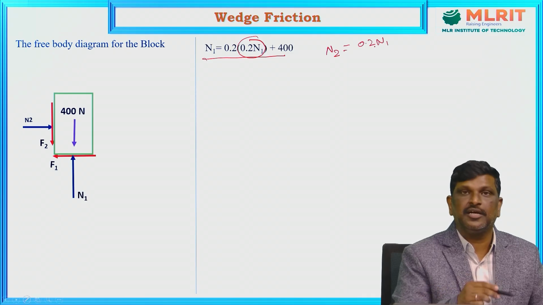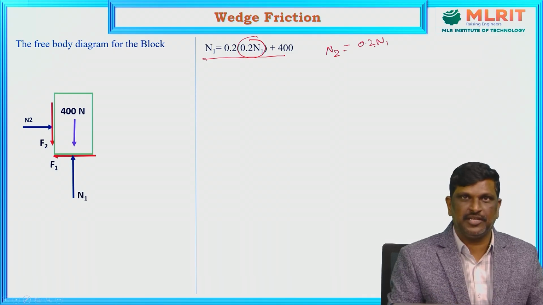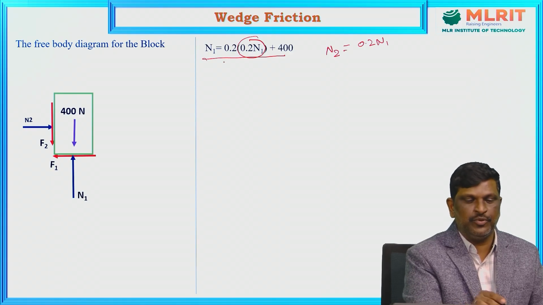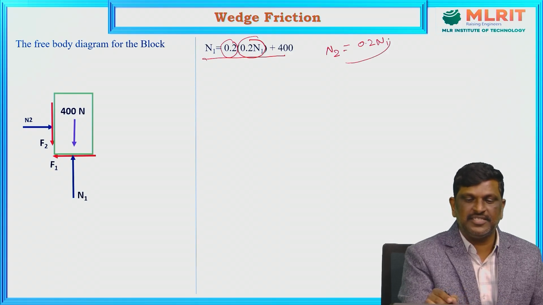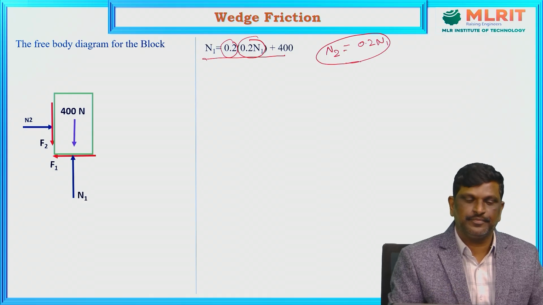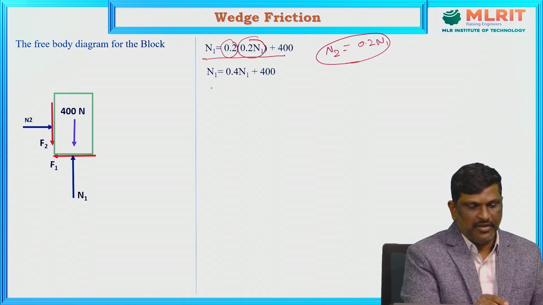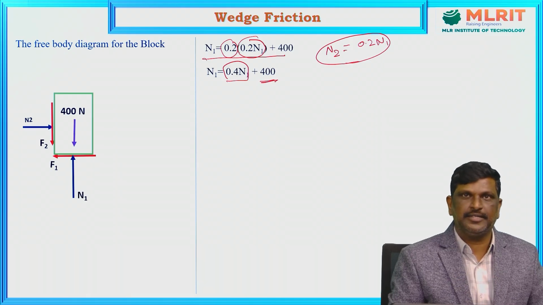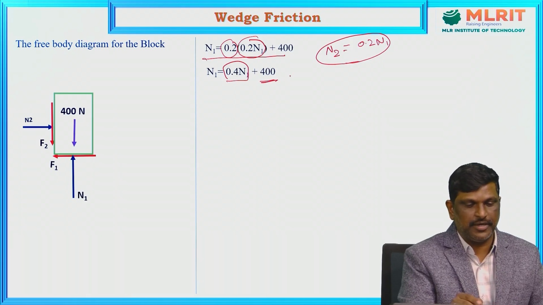I am substituting that value back into this equation. N1 is equal to 0.2 into N2, mu is 0.2, N2 itself is equal to 0.2 N1, right? Now N1 is equal to 0.04 N1 plus 400.